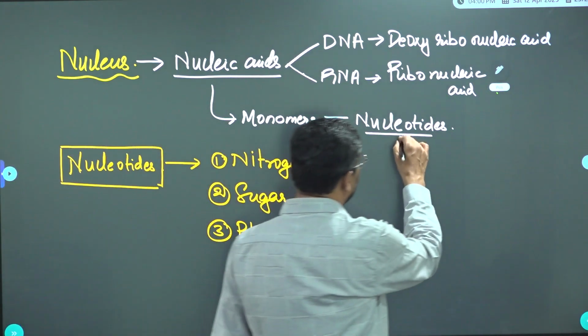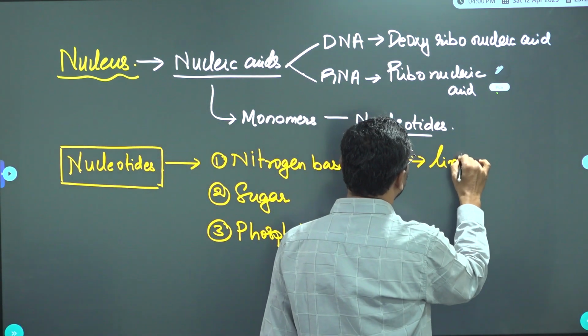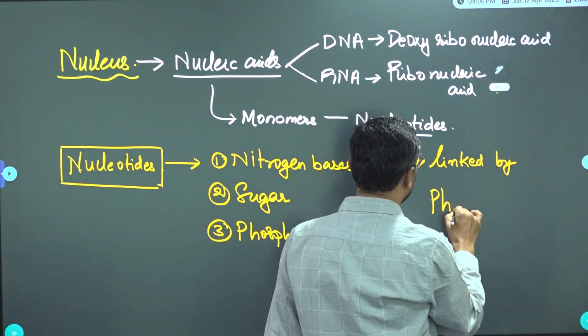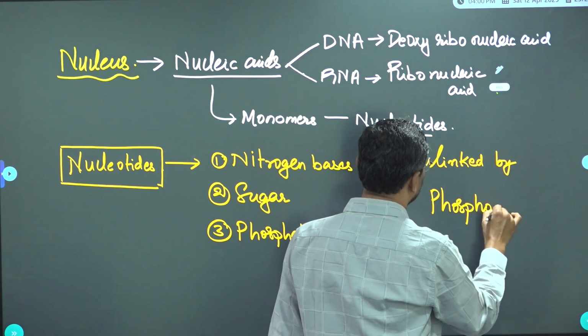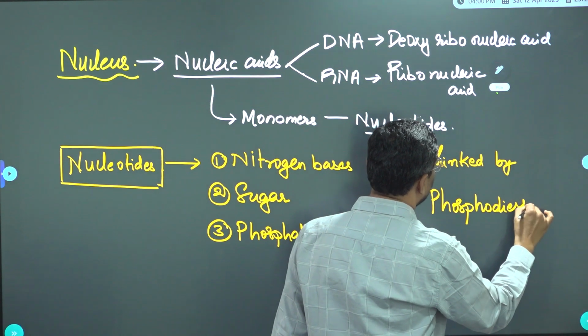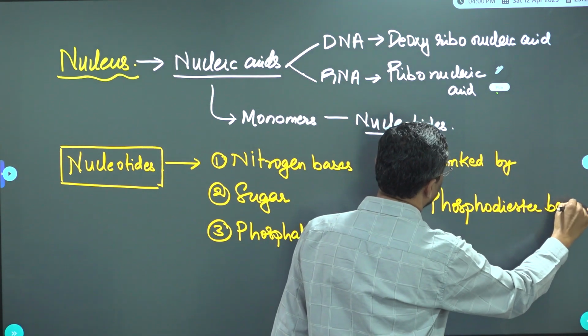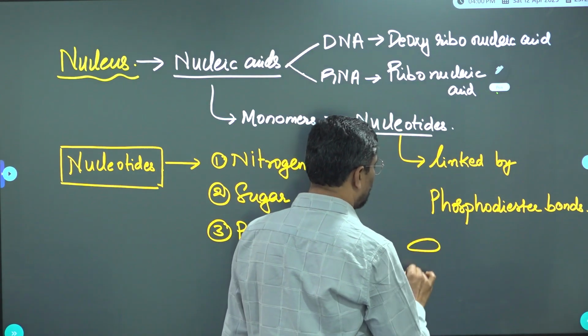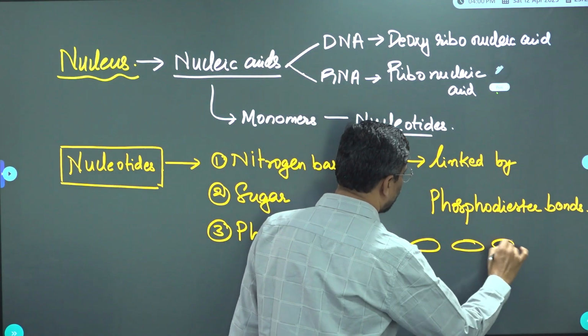These nucleotides are linked by phosphodiester bonds. Suppose this is one nucleotide.